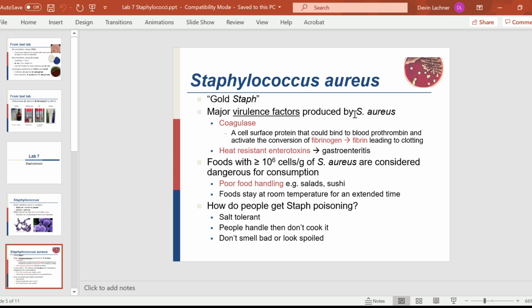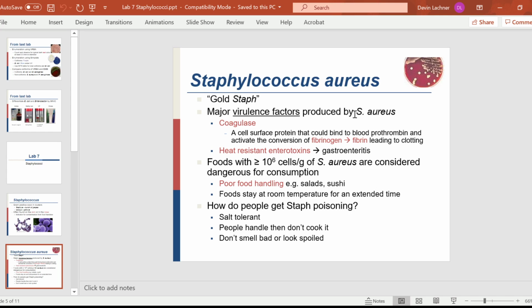One of the most pathogenic forms is Staphylococcus aureus, which is also known as gold staph, and a major virulence factor that is produced by Staph aureus is coagulase, which is a cell surface protein that is going to convert fibrinogen to fibrin, which is going to form clots inside the blood, which for obvious reasons we really don't want, because that can cause heart attacks, strokes, lots of not good things.